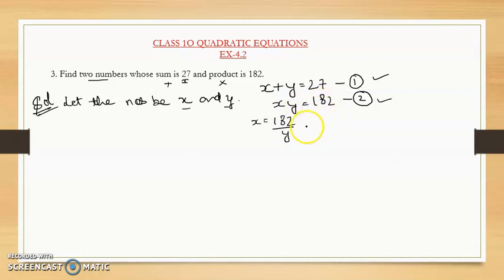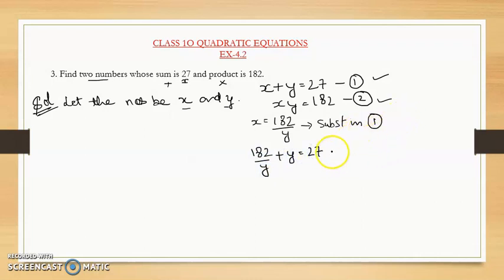This value of x, substitute in the first. So what will I get? 182 upon y plus y is equal to 27.